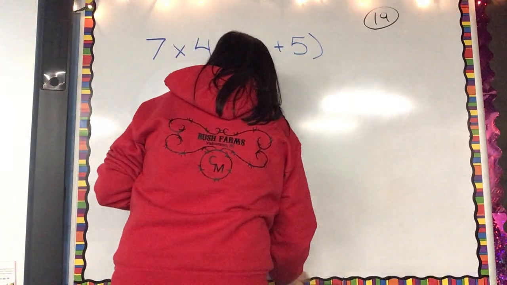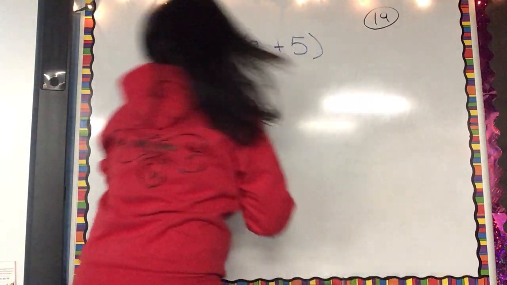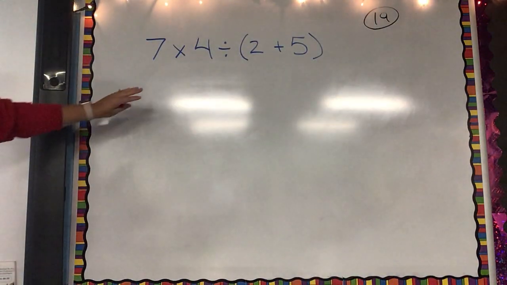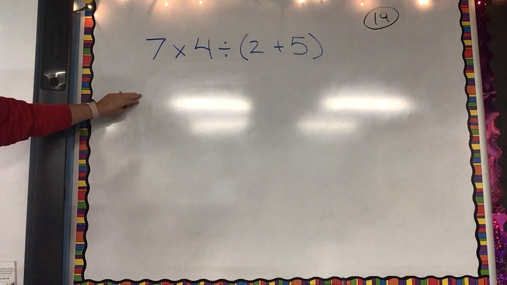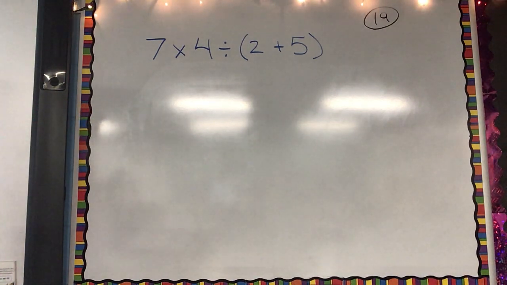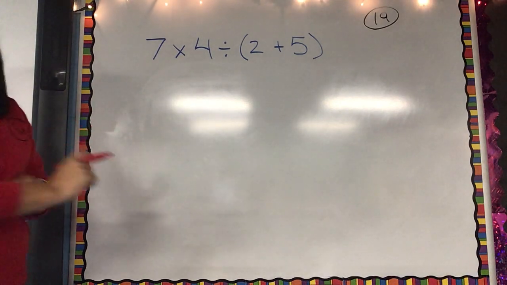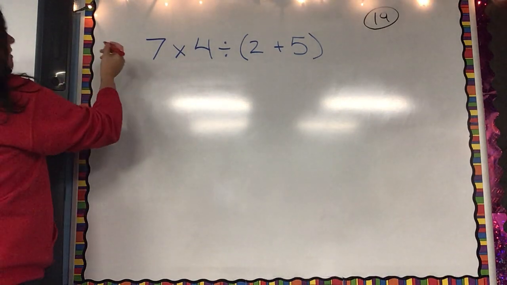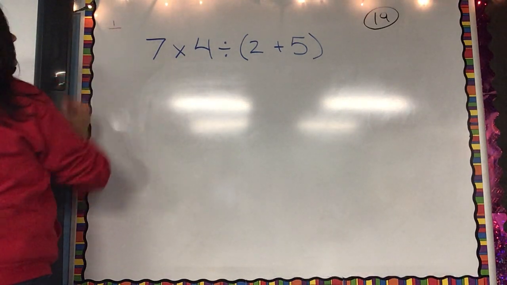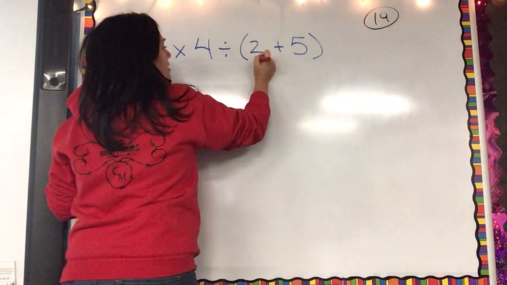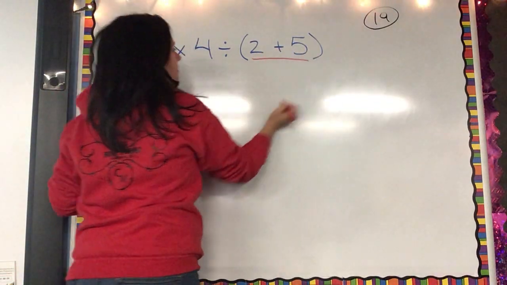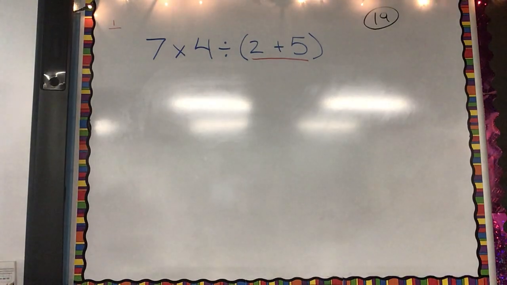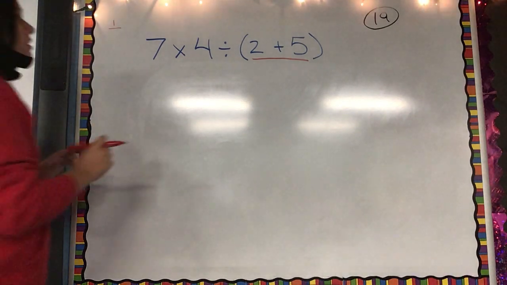So Megan told us that my first step here is 2 plus 5. This is in your math notebook. If I write it up here, you're writing it in your math notebook. I told you organization is key. Let's number our problem. This is number 1. Okay, I want you to underline 2 plus 5 because it's going to be so easy when these problems start getting bigger to remember, did I use that one yet or not? I can't remember. Oh, no. So 2 plus 5.